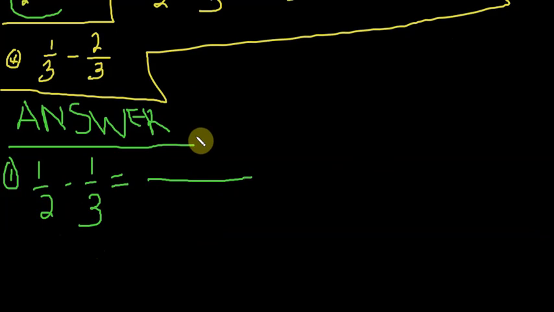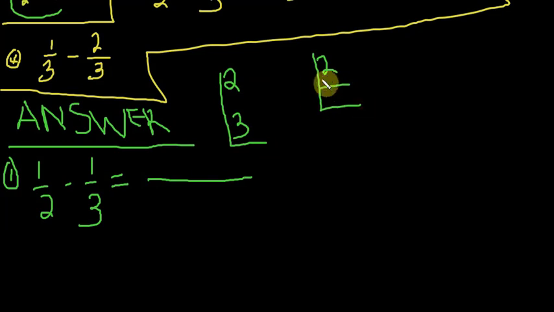To find the lowest common multiple of 2 and 3, we ask what numbers both 3 and 2 can go into without leaving a remainder. To find those numbers, we write each number as a product of its prime factors. The factors of 2 are 1 and 2 itself.